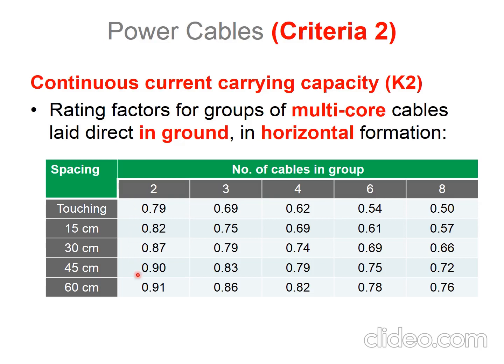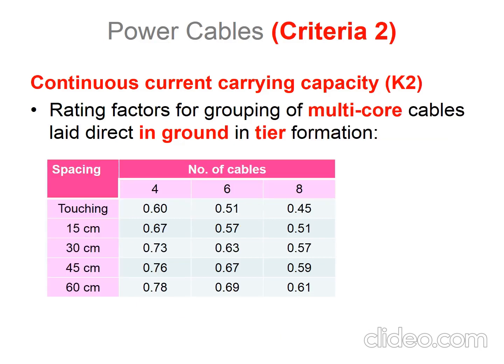Then this is the factor. This is the K2 for multi-core cables in ground in tier formation. We can choose the K2 value by knowing the spacing and the number of cables.